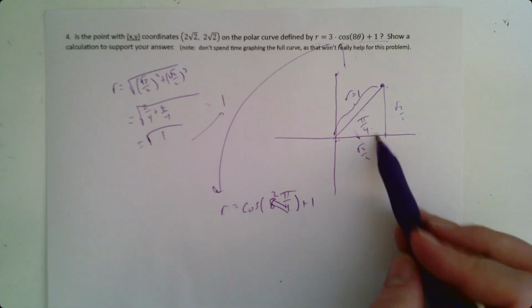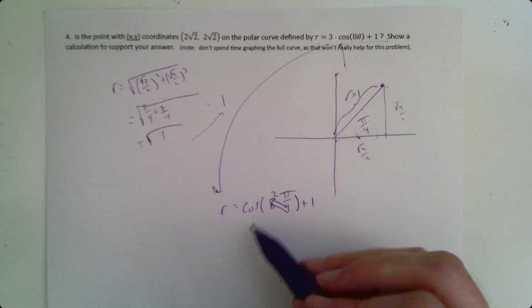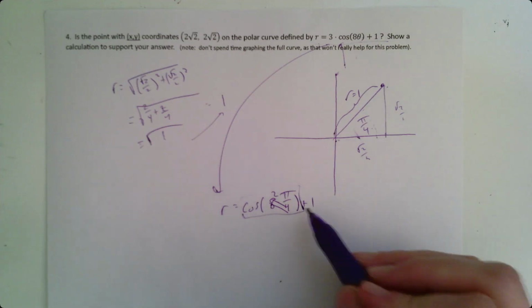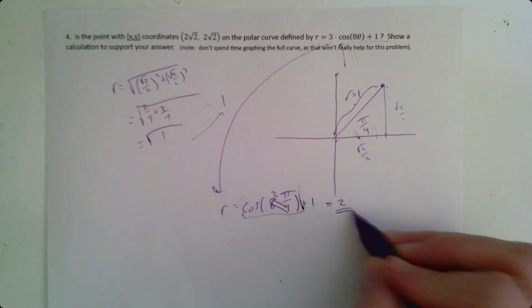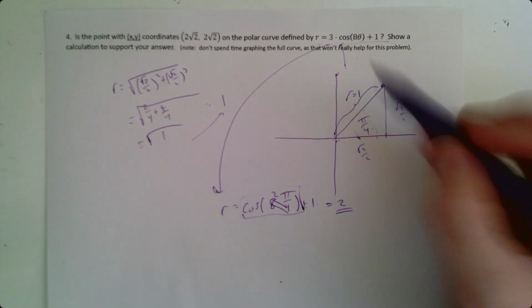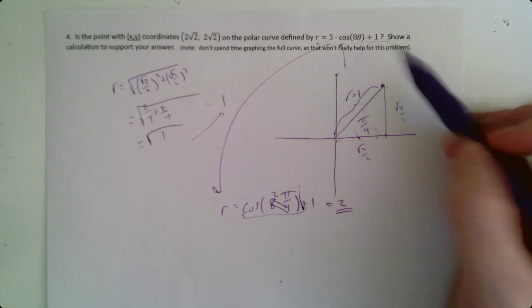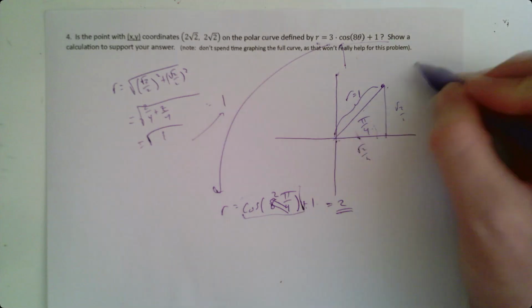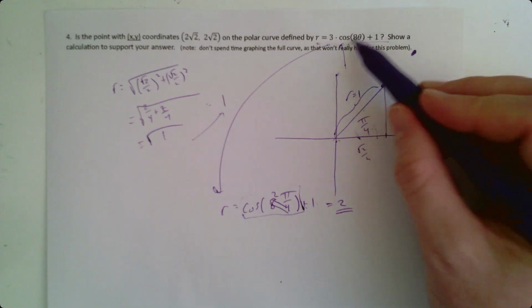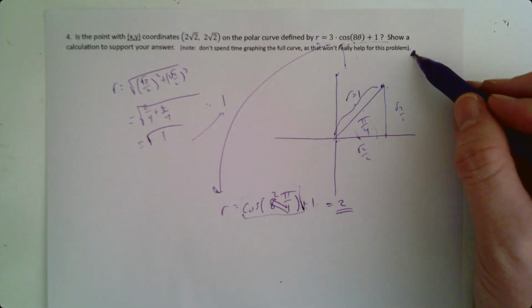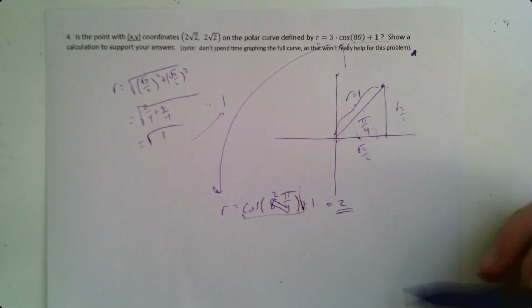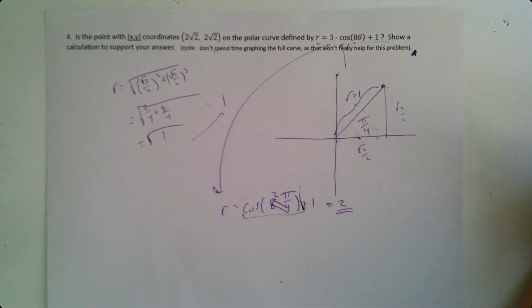Cosine of an angle that's a full circle is just 1. So this gives me 1, but then I'm adding another one. So this r value is 2. So what I've learned is whatever this equation looks like when I graph it at an angle of pi over 4, the true point that's on this curve is actually at a distance of 2, but this is a distance of 1. And so I know that it's not a point on the curve.